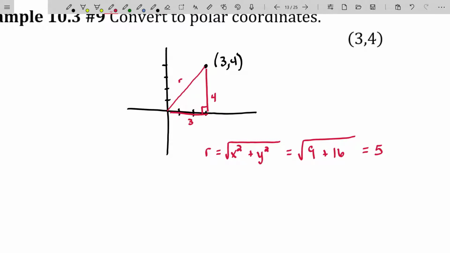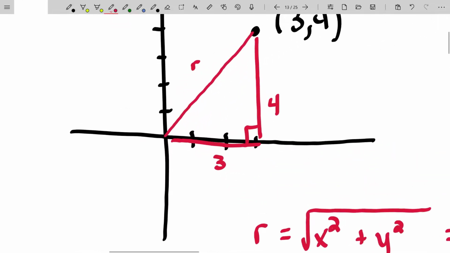So r for us is 5 units out. And again, when you use this conversion process, your r will always be positive when you're converting from Cartesians to polars.